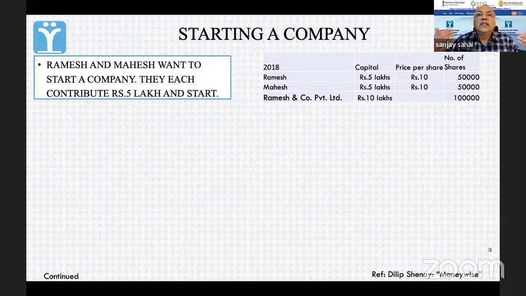They can hold shares in that company. Now, how many shares will they hold? They decide that the face value of a share will be rupees 10. And since they have contributed 5 lakhs, the number of shares which each of them will hold will be 50,000. So in total we have 1 lakh shares and each of them has 50,000 shares. Is this part clear to everyone?